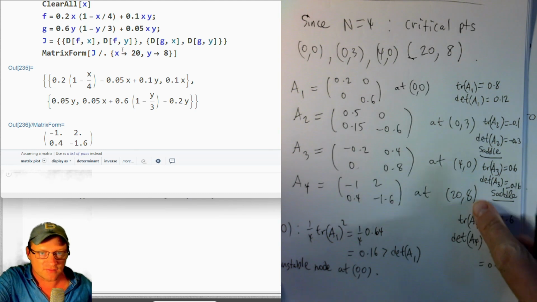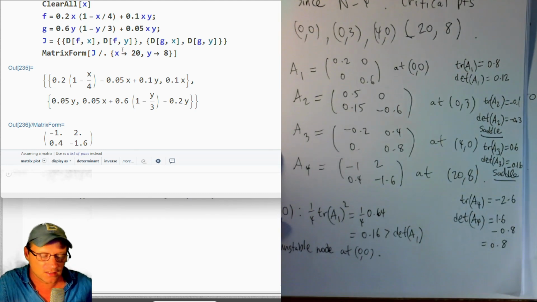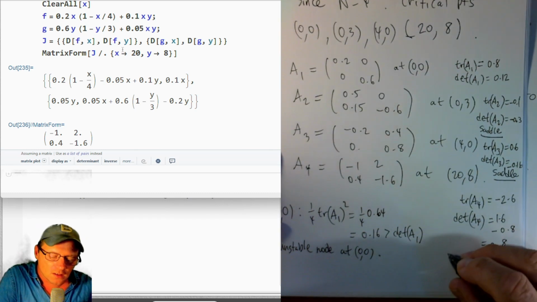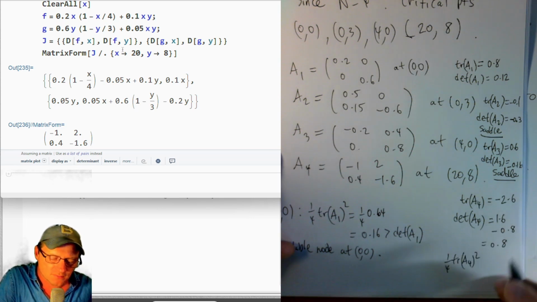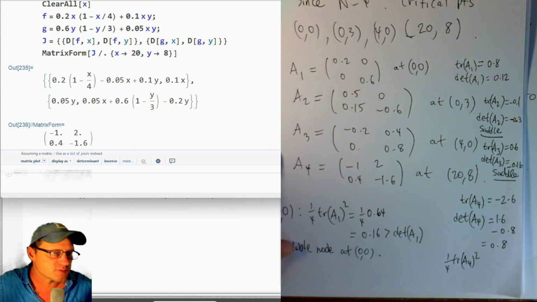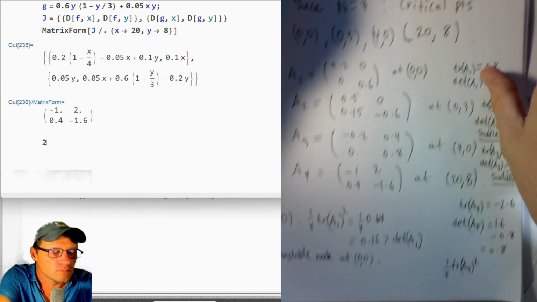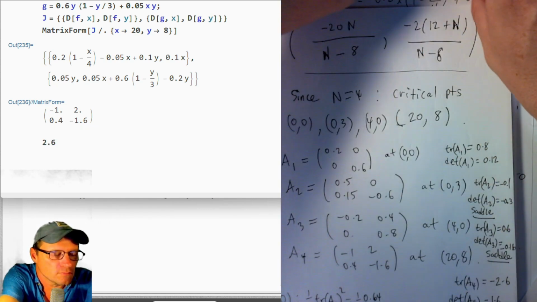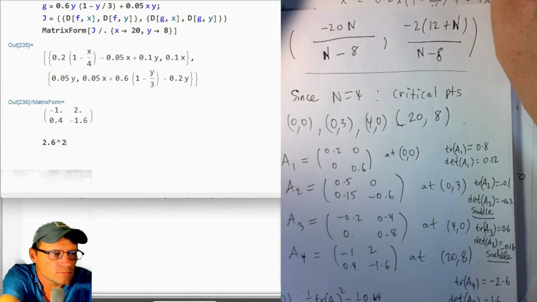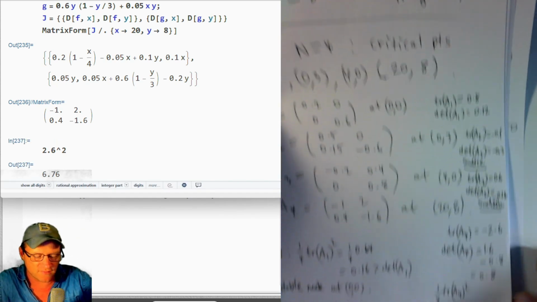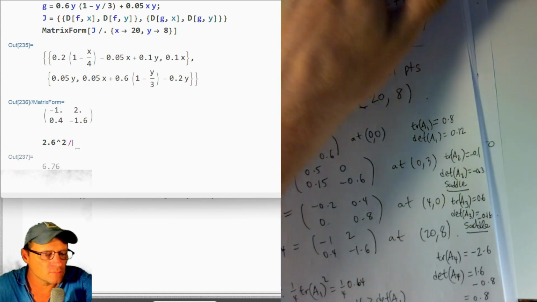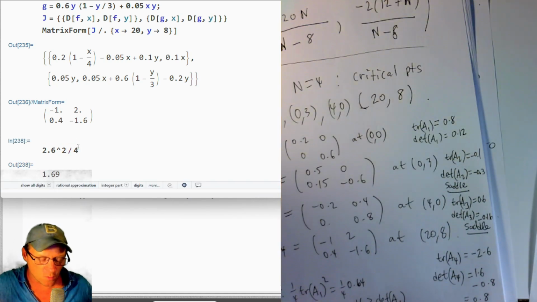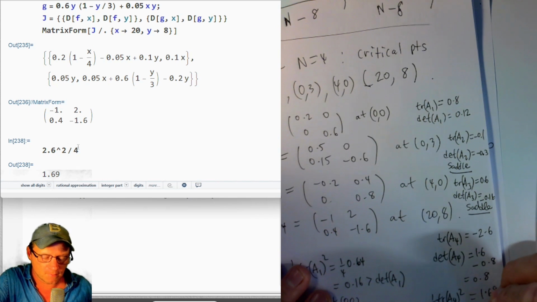Okay, and now to classify the critical point 20, 8, 1/4 the trace of A4 squared. Now 2.6 times 2.6, let's have a look. So 6.76, and then we need to divide that by 4. So we get 1.69 for that.